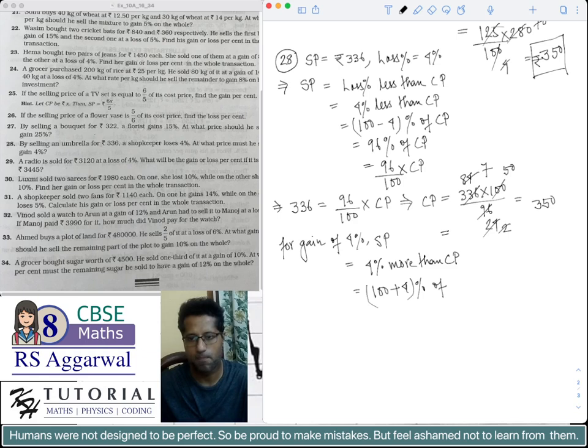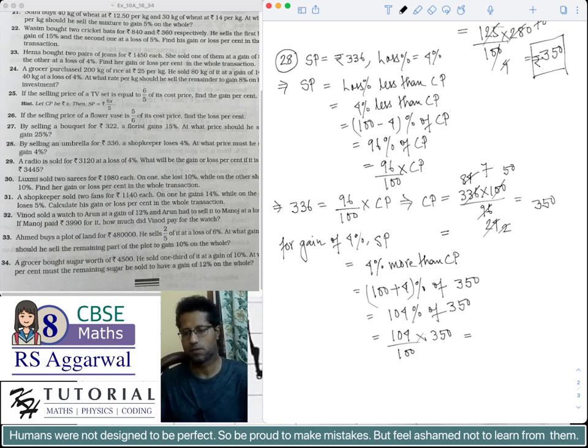Cost price is 350. This is equal to 104% of 350. Now please note that I am ignoring the unit of currency, that is rupees symbol. So all these 350 and this 350, and 336, these are all in rupees. So this becomes 104 divided by 100 multiplied by 350.